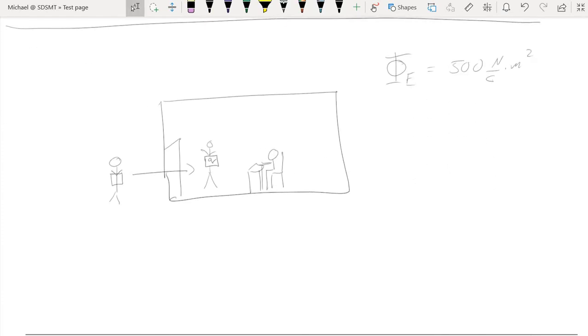So that is now the electric flux of the room once your professor enters the room with that charge.